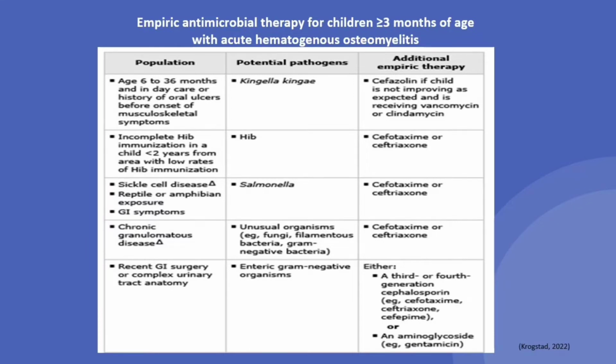Next is people with GI surgery or complex urinary tract anatomy. The potential pathogen is an enteric gram-negative organism. Empiric therapy is either a third or fourth generation cephalosporin like cefotaxime, ceftriaxone, or cefepime, or an aminoglycoside like gentamicin.